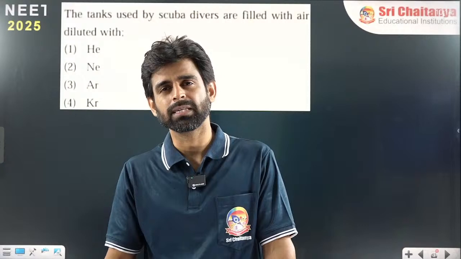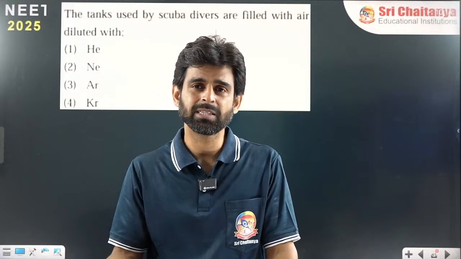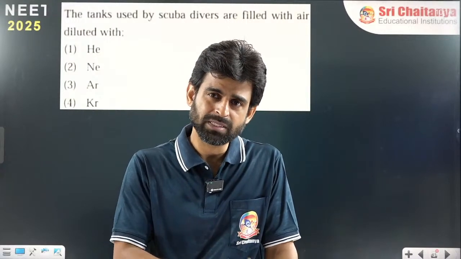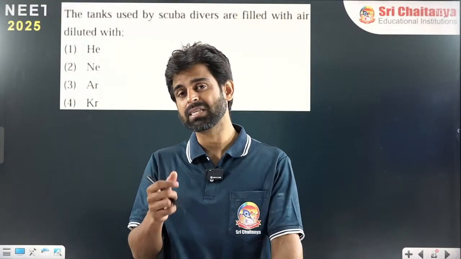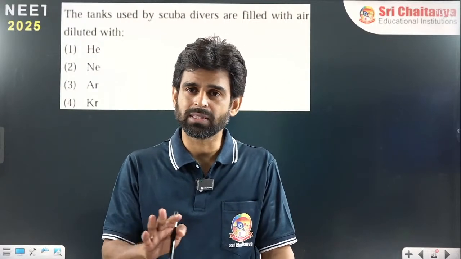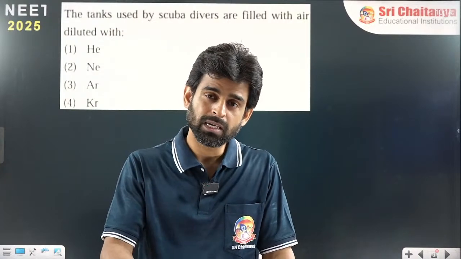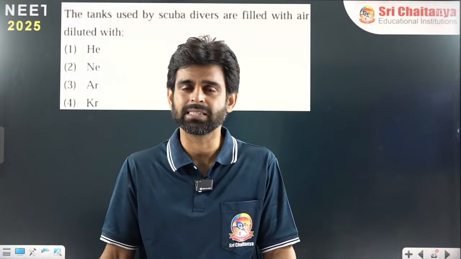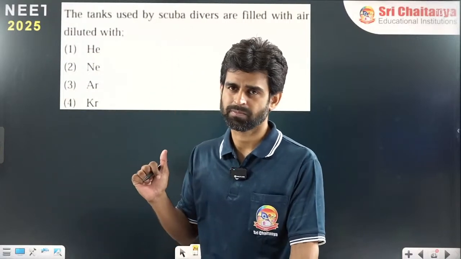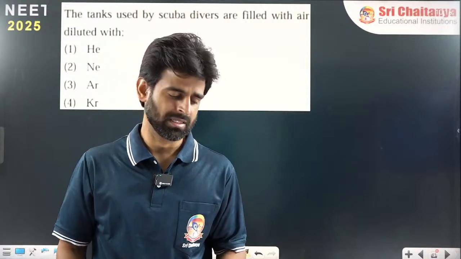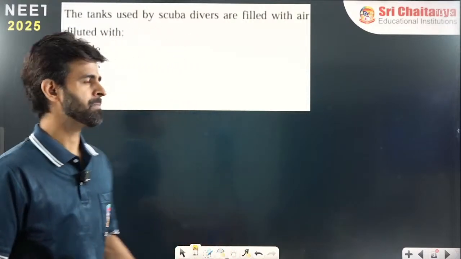If you go down in the deep sea, the pressure increases very much, so the solubility of gas will increase very high. But when you come upside, the solubility of that gas will decrease very fast, right? We don't want that, because if the gas dissolves, goes inside the blood, and comes outside the blood very fast, it will create bends or bubbles in our blood vessels which can cause death. So we use helium. Okay, we take a mixture of helium and nitrogen and oxygen, right? Helium is almost 11.2% around.